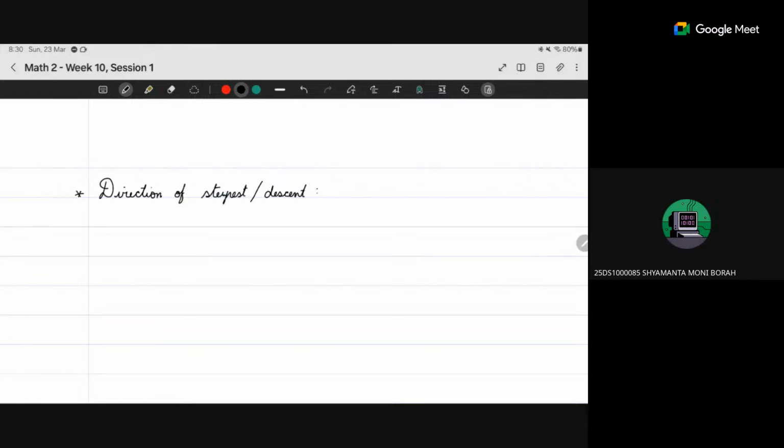To motivate it a little bit, what quantity does this signify? This is the rate of change of f in the direction u.